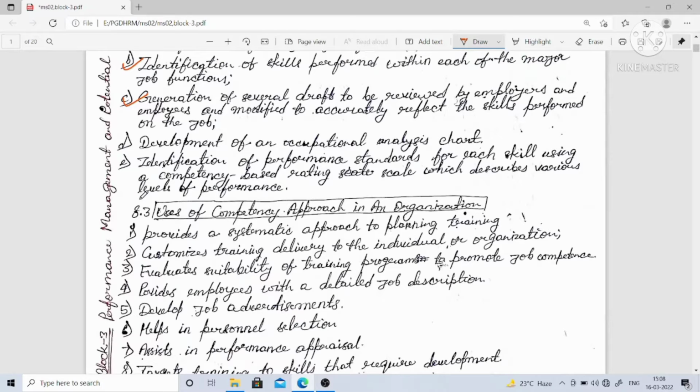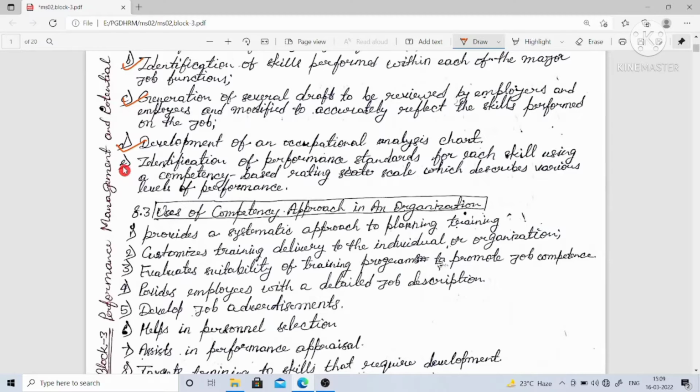Then development of an occupational analysis chart. So an occupational analysis chart should be developed. Then identification of performance standards for each skill using a competency based rating scale which describes various levels of performance.